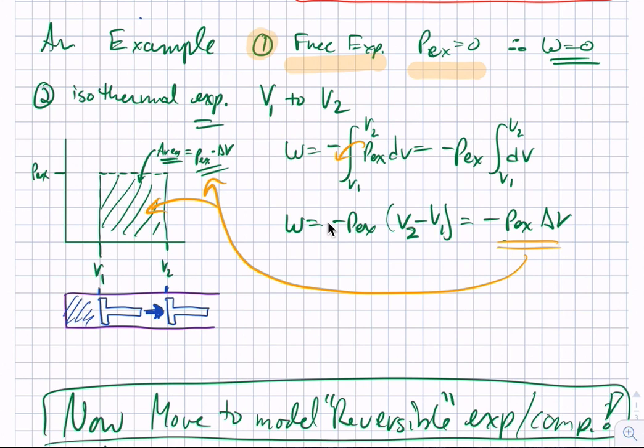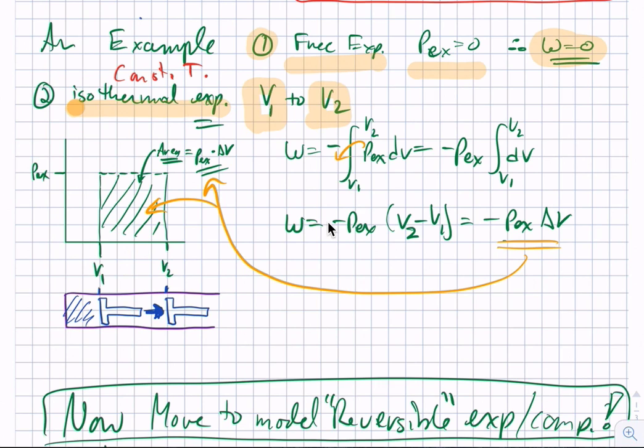So therefore, free expansion work is always going to be 0 for this isothermal case. And again, let's just emphasize that we're still talking constant temperature.